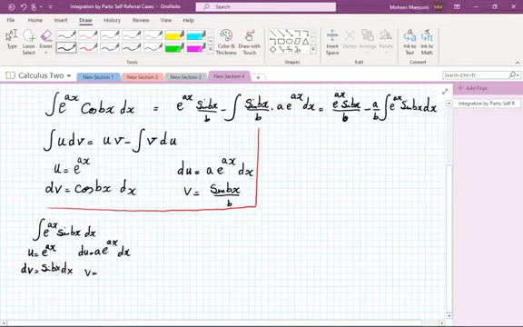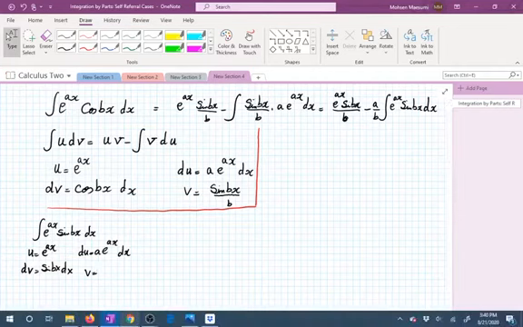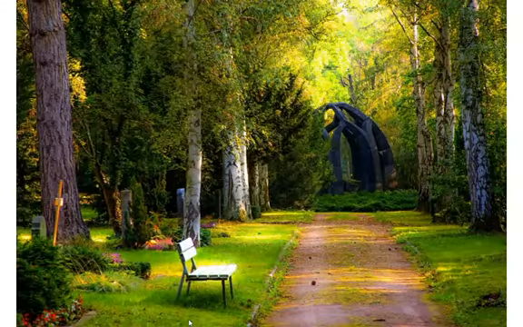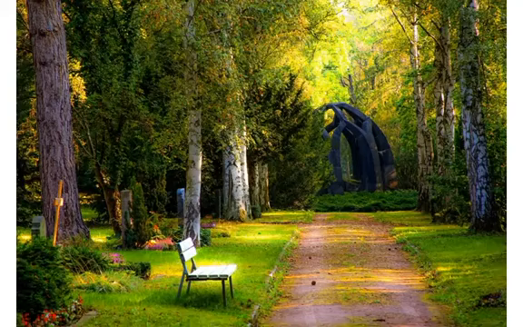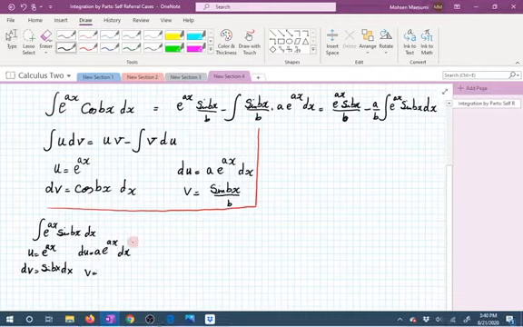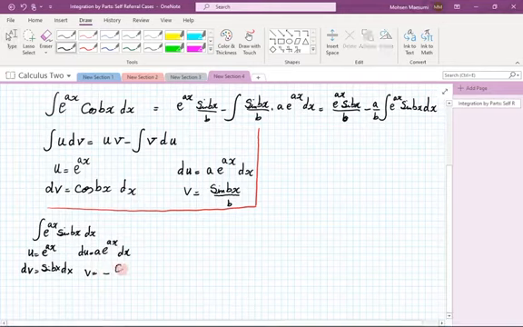Again, let's have the audience participate. What is the antiderivative of sine of bx? So maybe a retirement place picture is going to excite you to get this done. Okay, so this is going to be minus cosine of bx over b.